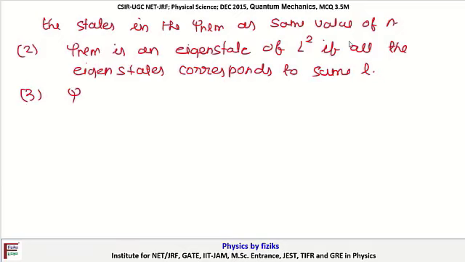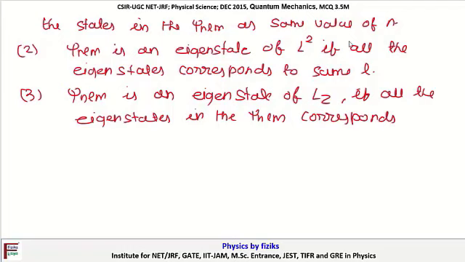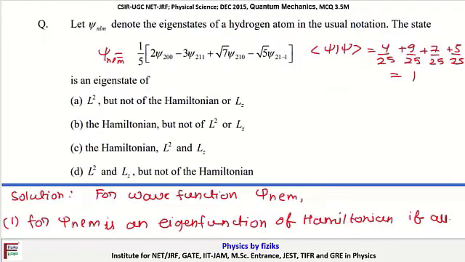Third, psi nlm is an eigenstate of Lz, the z component of angular momentum, if all the eigenstates in the psi nlm correspond to the same ml. So let us check it.